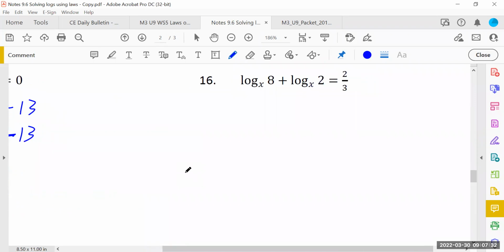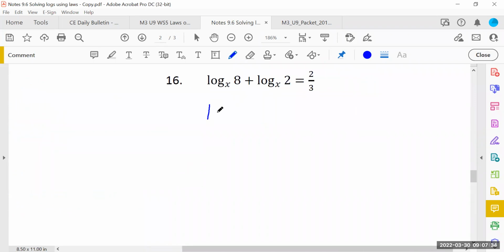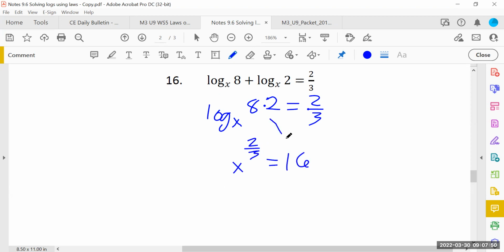Number 16, I'd combine these. Log base x of 8 times 2 equals 2/3. X to the 2/3 equals 8 times 2, which is 16.